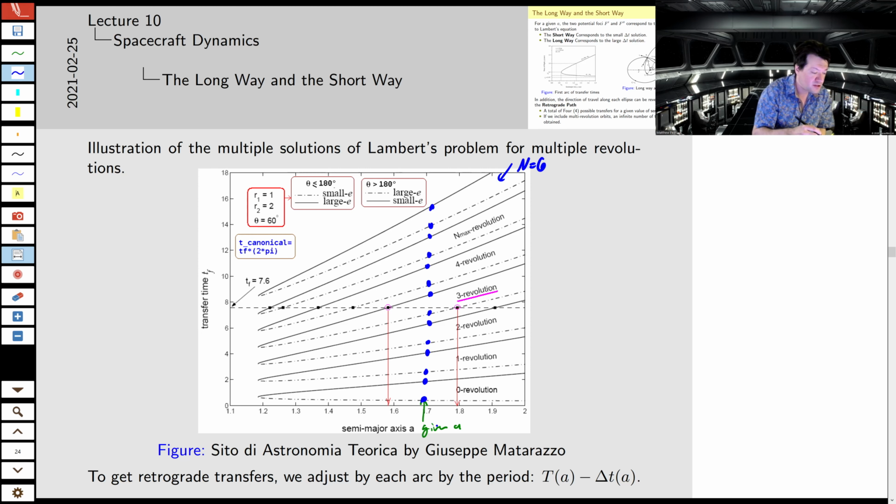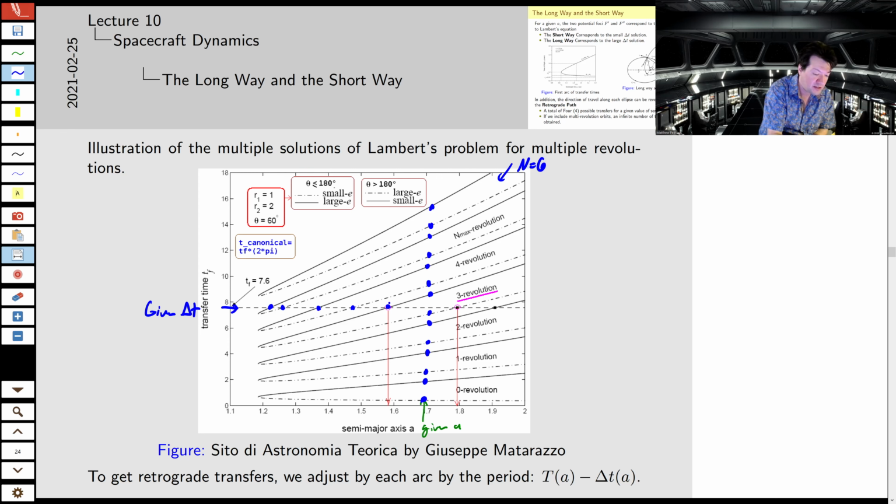So what you've got to remember is the problem is reversed. We're given a delta t and we're searching for A. That makes the problem a little bit complicated. So now let's reverse the problem and say we're given delta t, find your A. This problem is also complicated. If you account for multi-revolution solutions, then there are multiple A's which achieve that delta t.